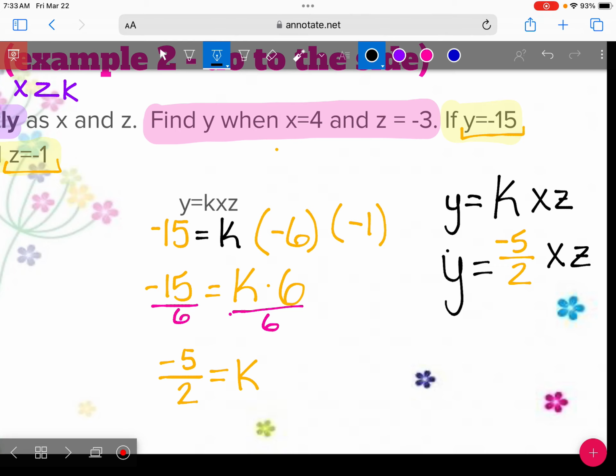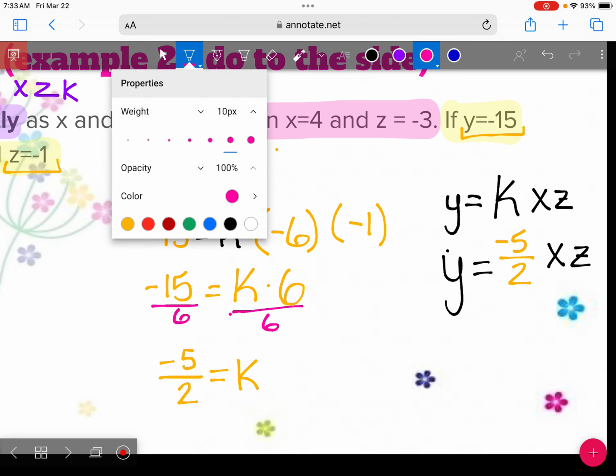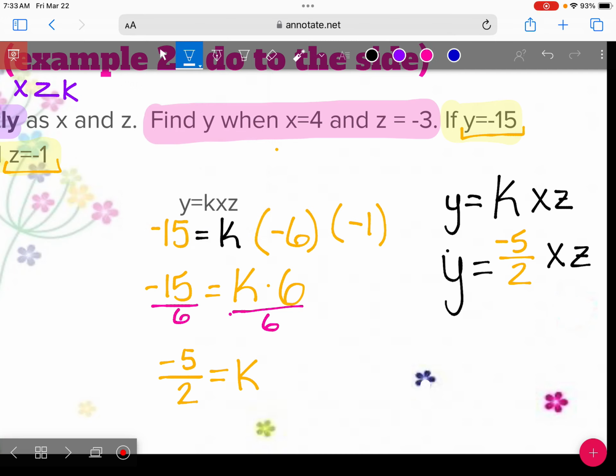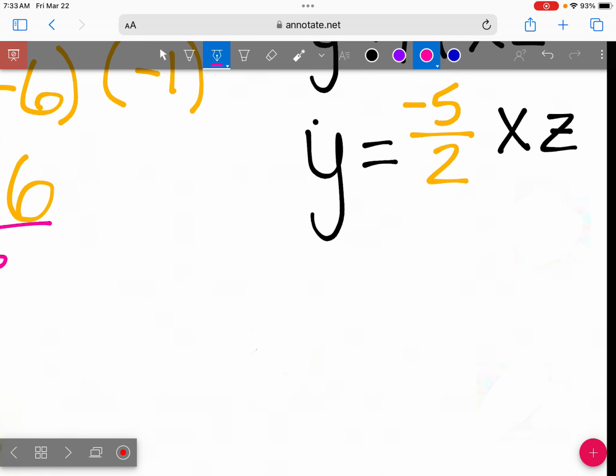So then when we're looking to figure out our solution over here, looking at our little pink window, I've got x equals 4 and z equals negative 3. So we're going to substitute those in to try and figure out what y is.